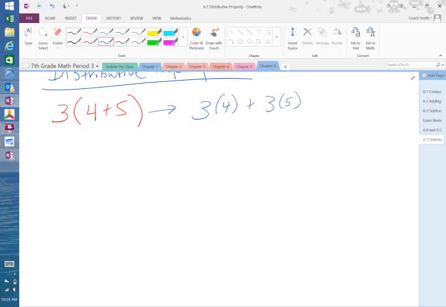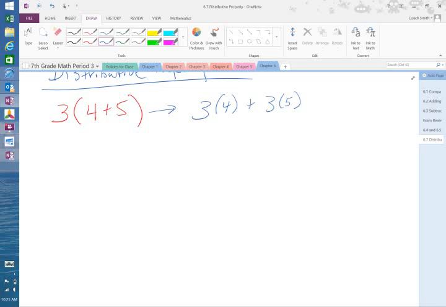Multiply, because there's no other symbol in between them. So what the distributive property says is that these two expressions that I've written on the screen are equivalent. 3 times the parentheses 4 plus 5 and 3 times 4 plus 3 times 5 are exactly the same expression. Now, obviously, they don't look the same, so it's really an equivalent expression.